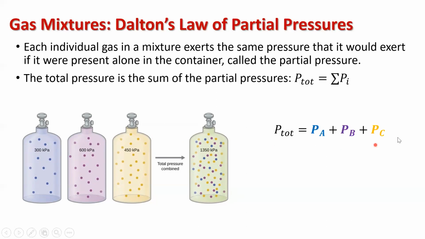So we could rewrite it and say the total pressure equals the pressure of gas A plus the pressure of gas B plus the pressure of gas C.